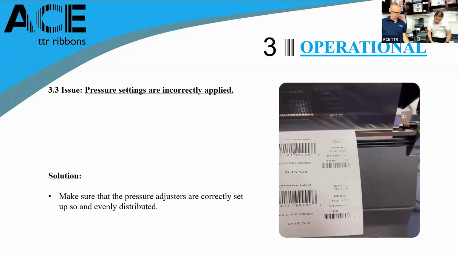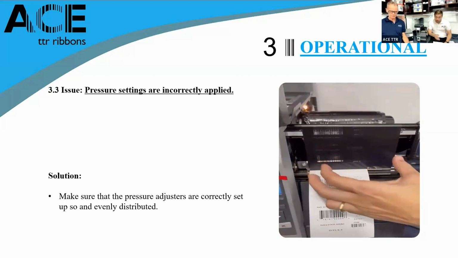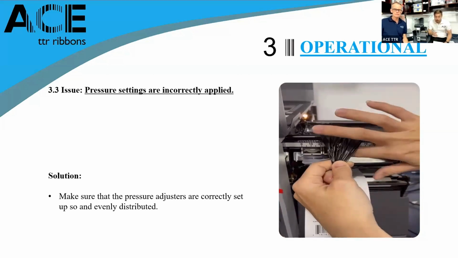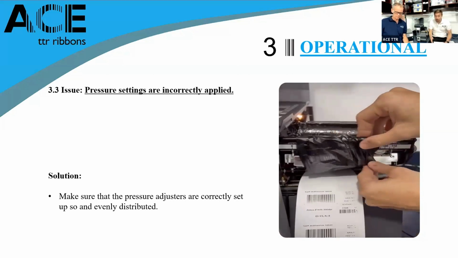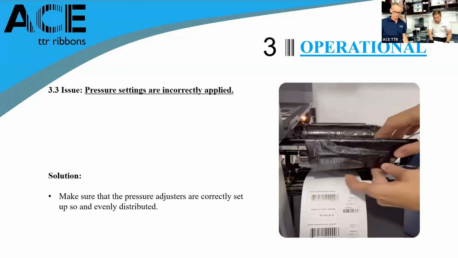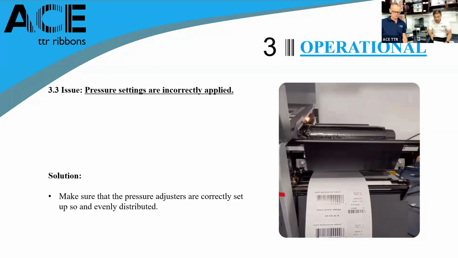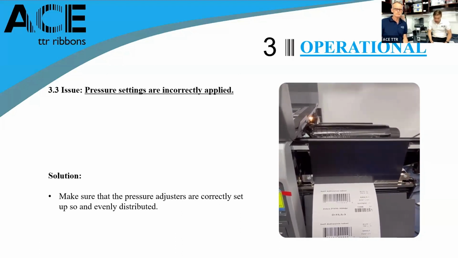All right, I can see some print, but as you can see on one side, the print is excellent, but on the other side, there's no print. And that happened because only one side has the pressure and another side has no pressure at all. So that's why there's no print. So now Maria is adjusting the pressure. So she is now making it correctly, so it's evenly distributed throughout the substrate.